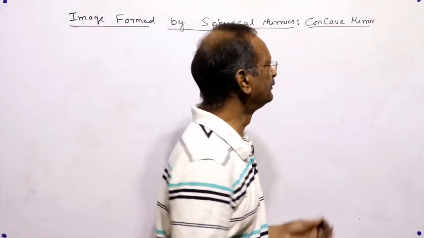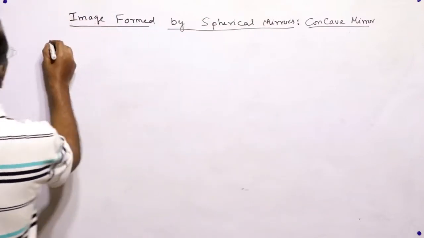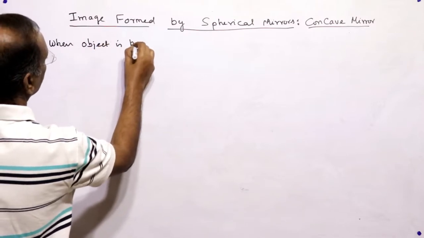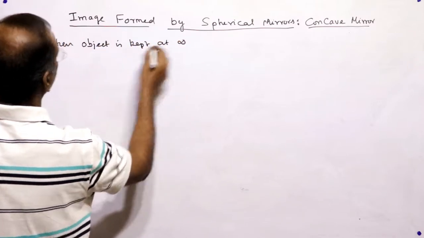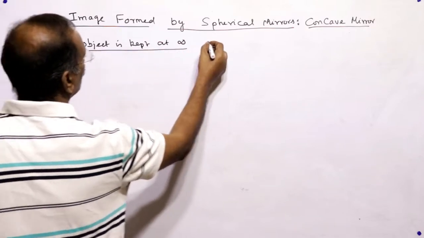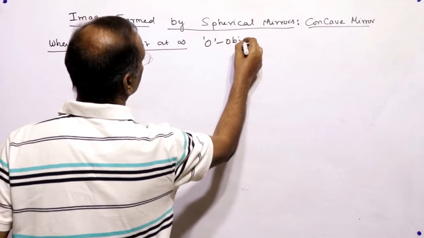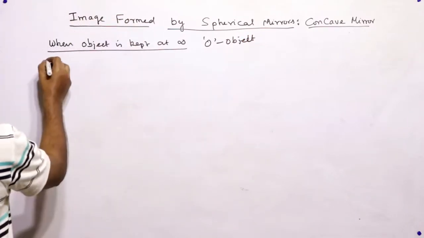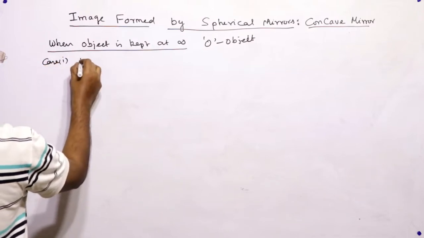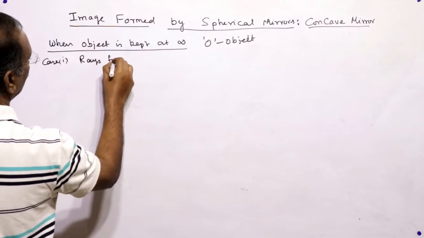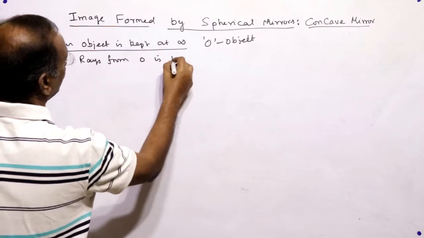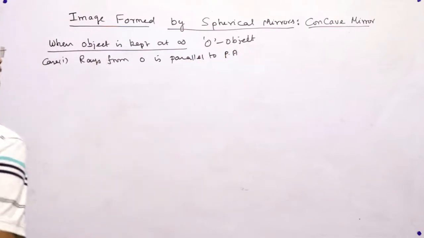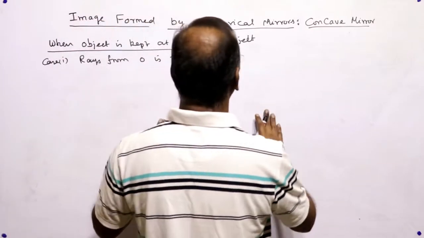There are different cases. First, when the object is kept at infinity. O stands for object. Case 1: rays from the object are parallel to the principal axis.